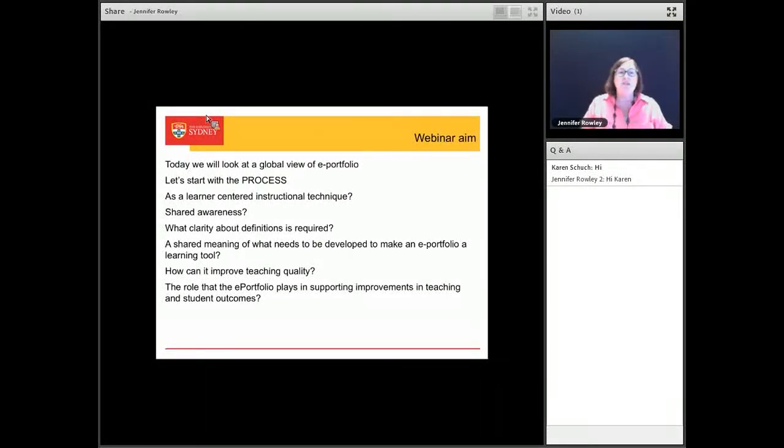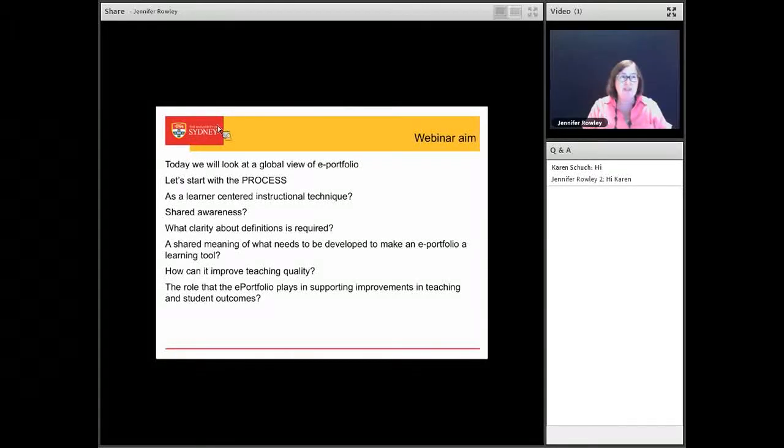Today we're going to look, I suppose, at a global view of ePortfolios, and it's really important that we understand that ePortfolios can be both a process and a product as well. It's not easily defined, and some might question why we actually define an ePortfolio as a product.